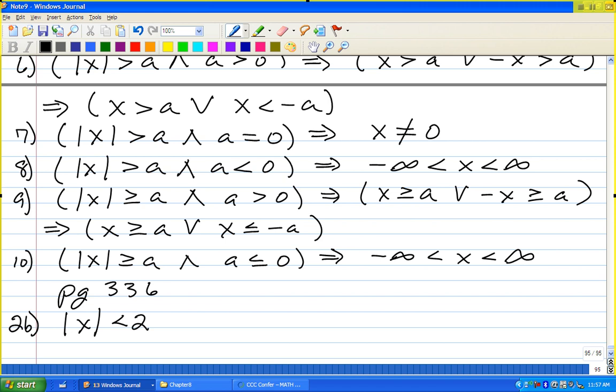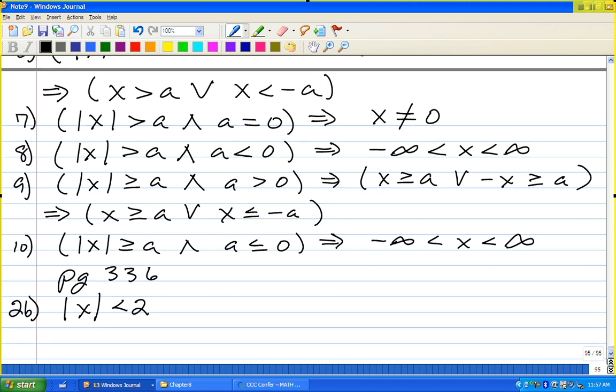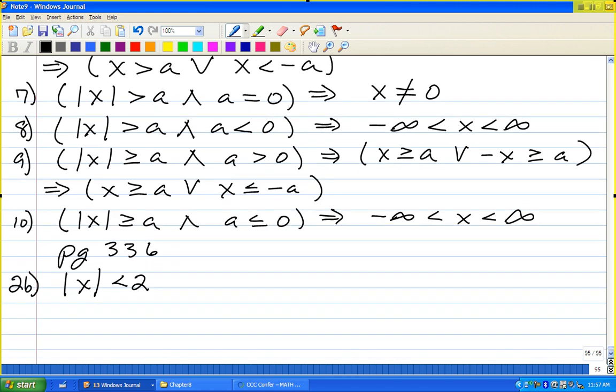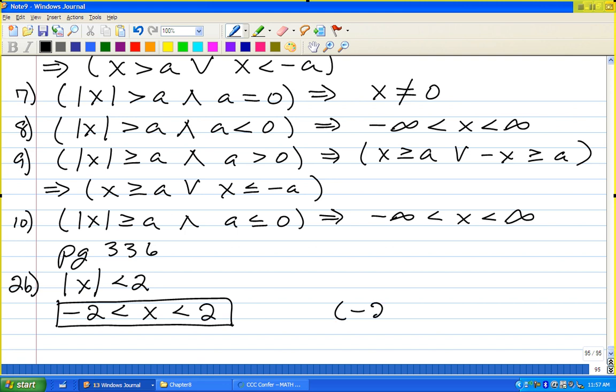And so I have that the absolute value is less than 2. Therefore, I have that x is between -2 and +2. So this is actually the open interval from -2 to 2. Let's graph this.